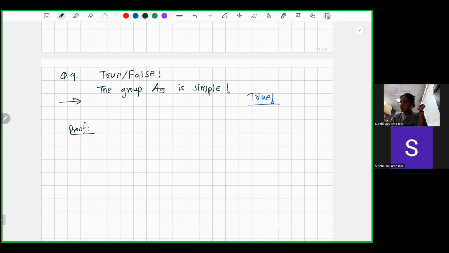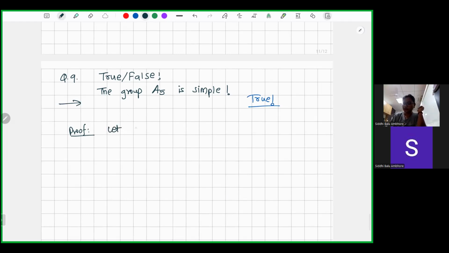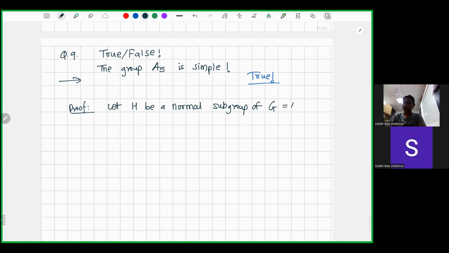So the proof is that let H be a normal subgroup of A5. Then the possible divisors of the order of H are 2, 3, or 5, right?